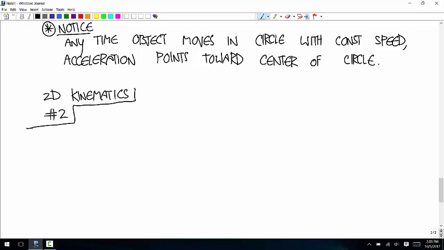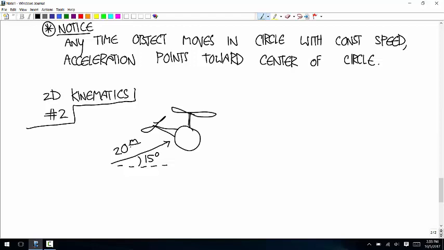Okay, so this helicopter is moving 20 meters per second at an angle of 15 degrees above horizontal. And okay, this velocity is 20 meters per second.